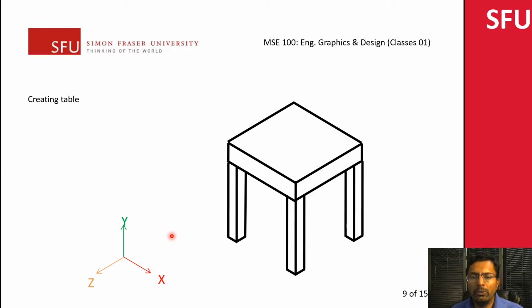We generally want to minimize the number of sketches. That's not strictly necessary, but it just makes life a lot easier. So on the top, if I wanted to create it on the XZ plane, I can create a rectangle or a square in this case for the top, and then I'll create 4 different squares for the legs. If I wanted to do it on the XY plane, that's going to be a little bit more challenging, and we'll see how that works.